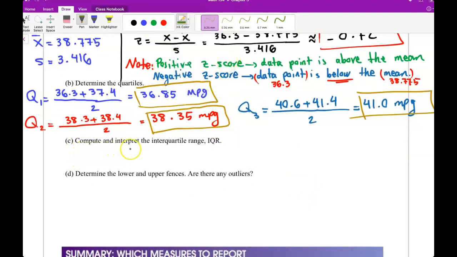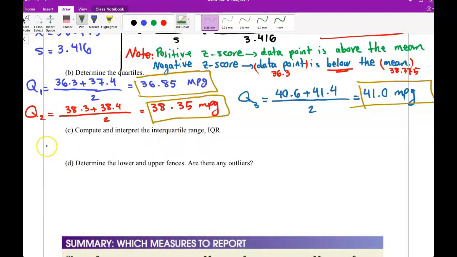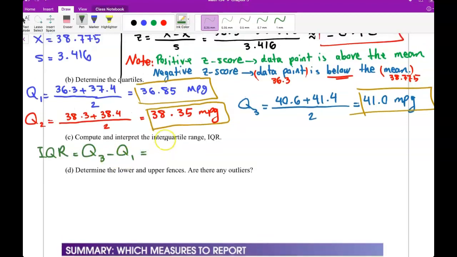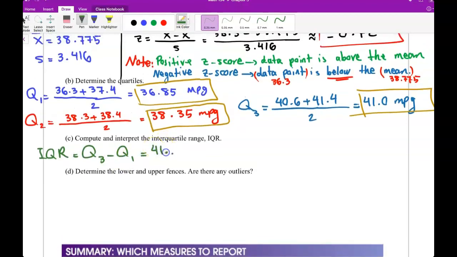Now, part C, compute and interpret the interquartile range. So finding the interquartile range, it's equal to Q3 minus Q1, 41 minus 36.85. It's 4.15.